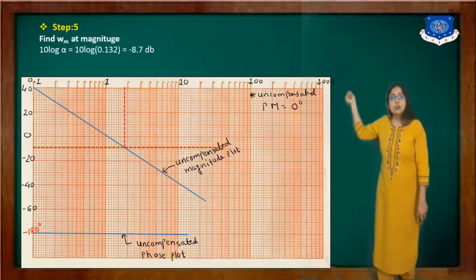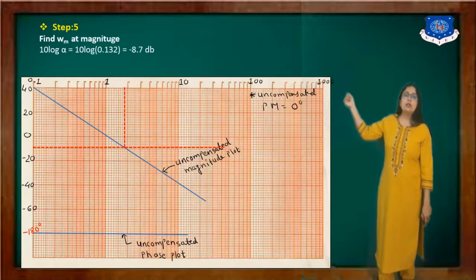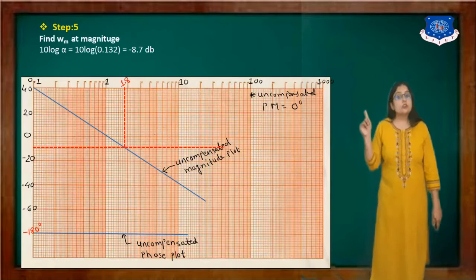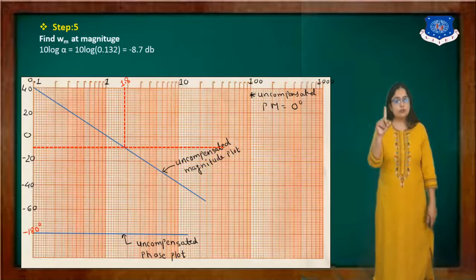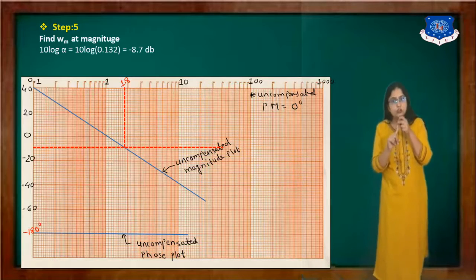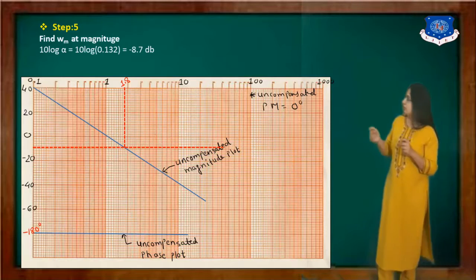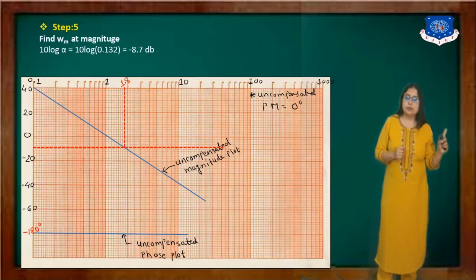Now you just check this line, whenever it crosses your uncompensated magnitude plot, you check the value of omega m at this point. This is 1.8, so this is the value of omega m. First, we find 10 log of alpha, that answer is minus 8.7 dB, so you draw a line of minus 8.7 dB.